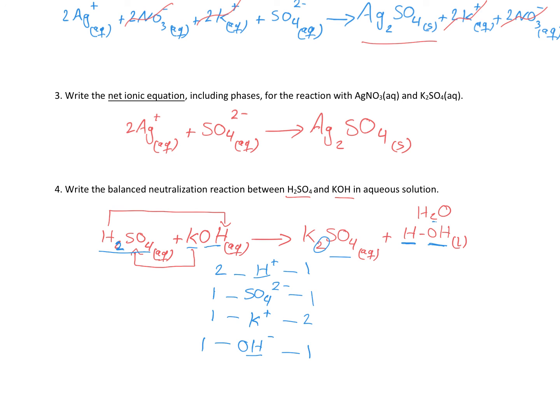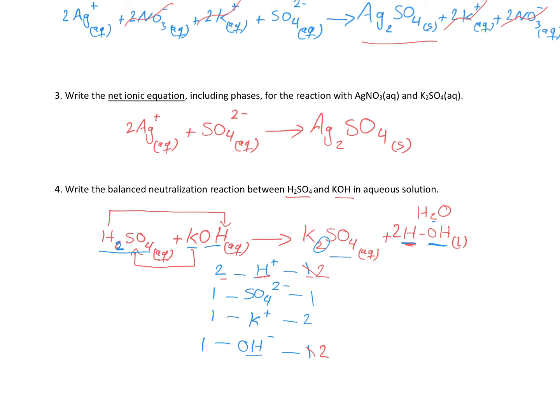So now let's balance it. H plus, we have two in the reactants, one in the product. So we need two here. I write two here. And we also have two hydroxide as well, so I change this one to two. Sulfate is one and one, it's already balanced.